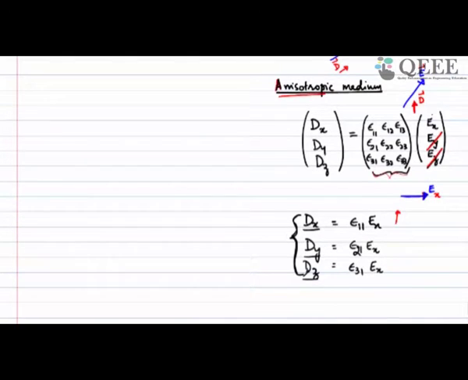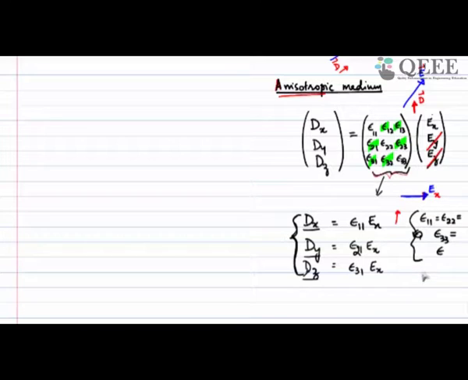You can go further and ask, what is isotropy in this case? For an isotropic material, all these cross terms, whatever I am marking as green, are zeros, and epsilon 1 equal to epsilon 2 equal to epsilon 3 is the epsilon of the medium.